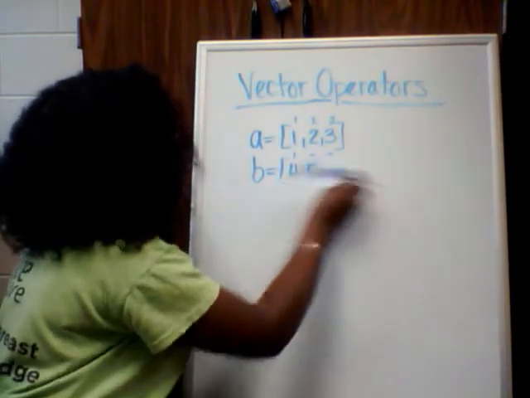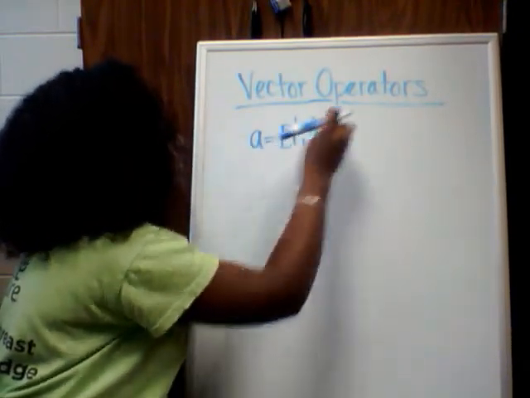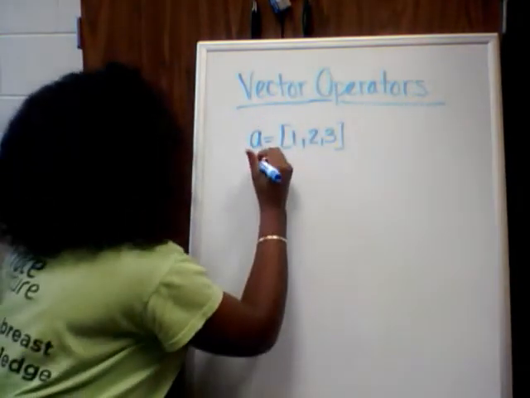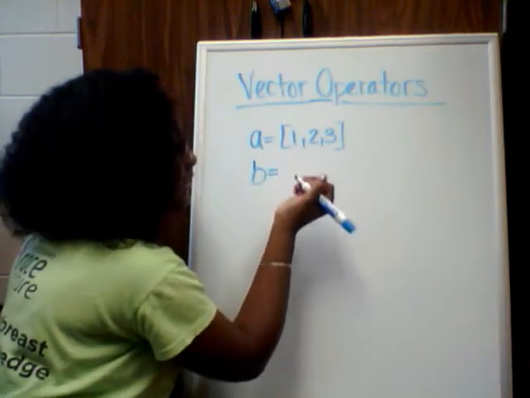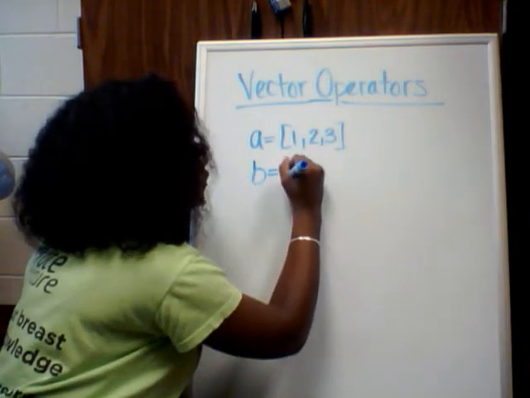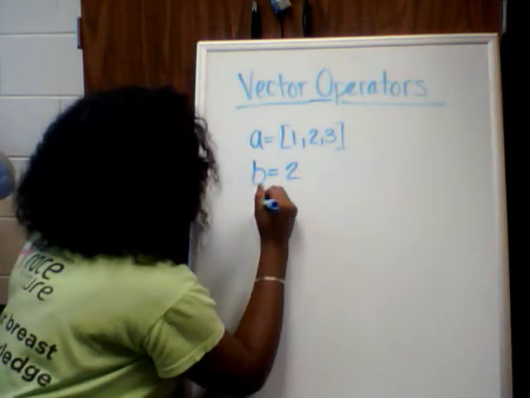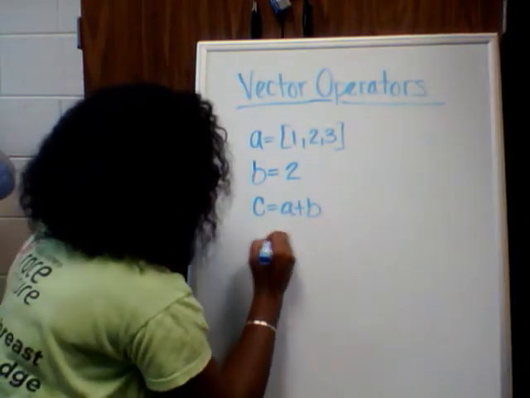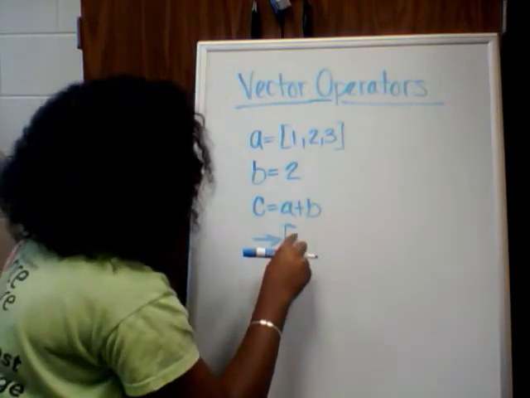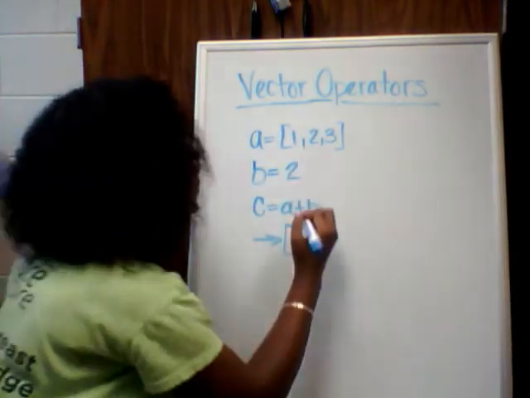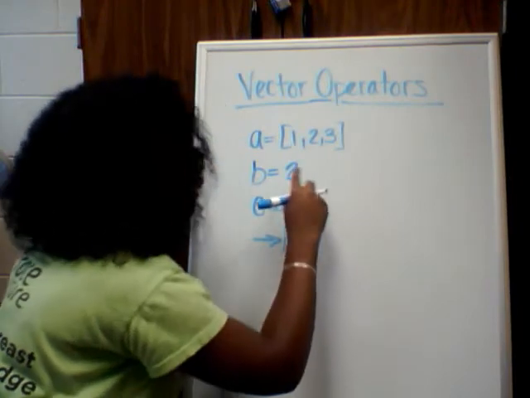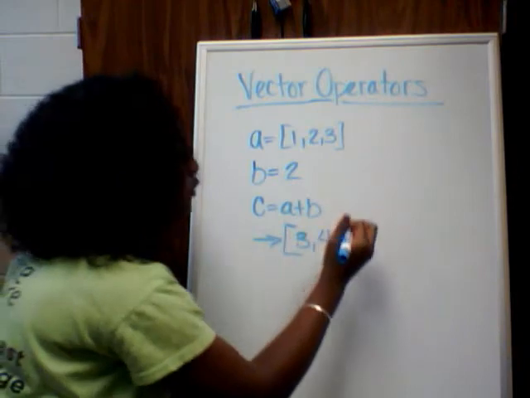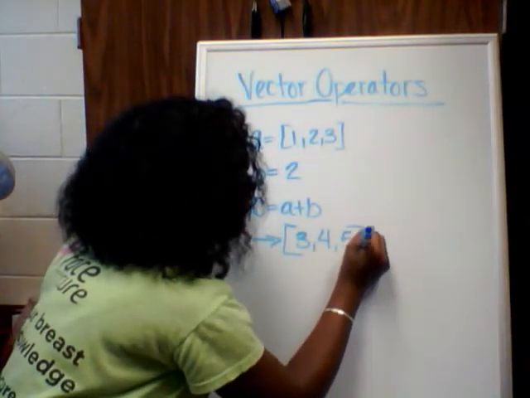So if B, instead of being a vector of multiple inputs, had just one, a scalar, so B equals 2, and we made C equal A plus B, then C would simply be 2 plus 1, which is 3, 2 plus 2, which is 4, 2 plus 3, which is 5.